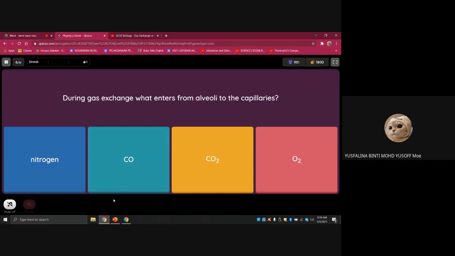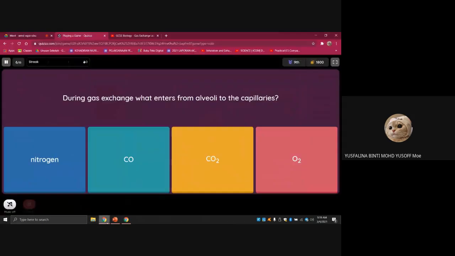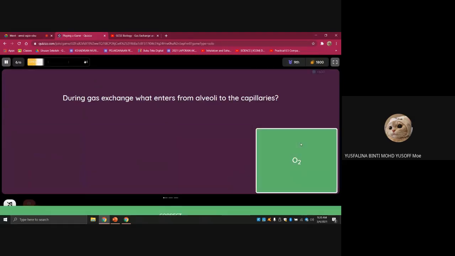Is it carbon dioxide or oxygen? You see the diagram here. From the alveoli to the blood capillary is what? Yes, oxygen. So from alveoli to capillaries is oxygen. But from capillaries to the alveoli, that one is carbon dioxide. Can you understand that, Ziyang? Okay, so this one is oxygen.